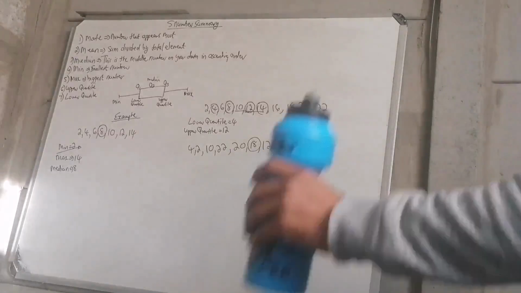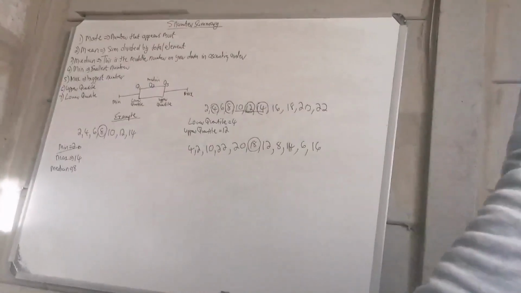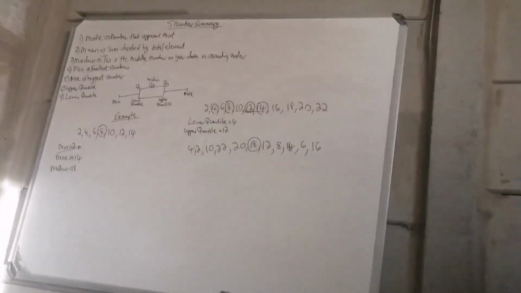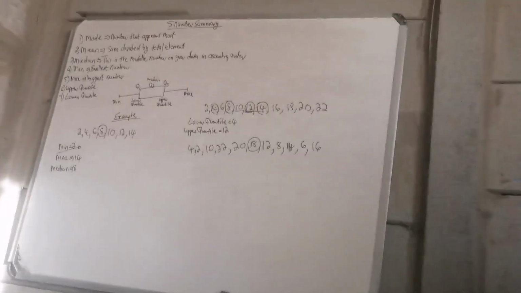How about the mode? The mode is the number that appears most.